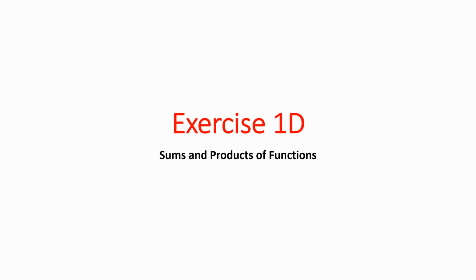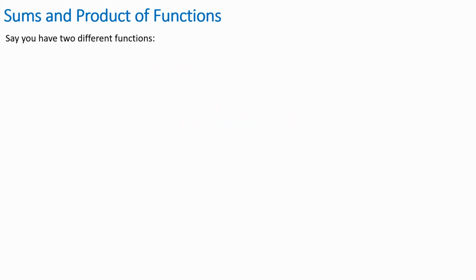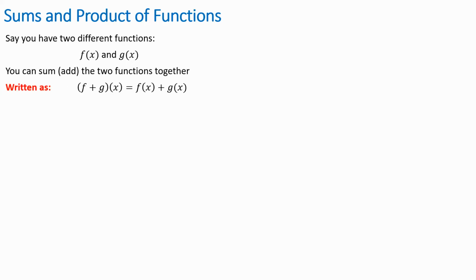For today, 1D. There's only one thing you need to know, and that's what I'm going to work with. Just one extra property. Here we go. What is sums and product of functions? Very simple in terms of notation. Sums means add. Functions we now know we call f of x or g of x or p of x or t of x.